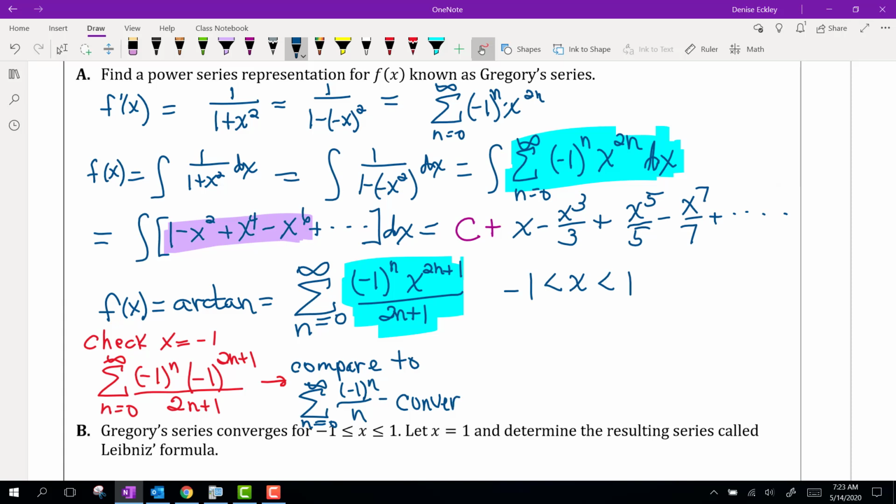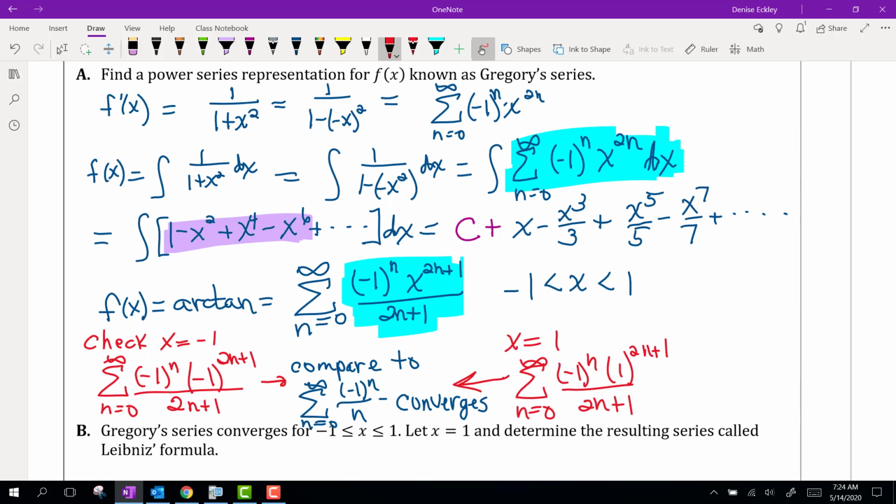And the same is going to be true with x equals 1. We're going to have this series, and we can compare that as well to the same one, because it'll have the same similarity, which converges.